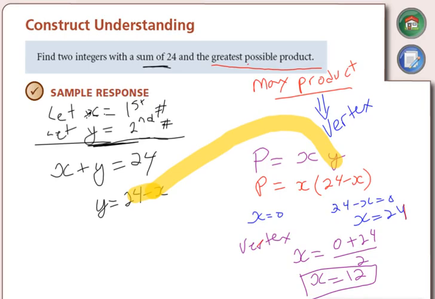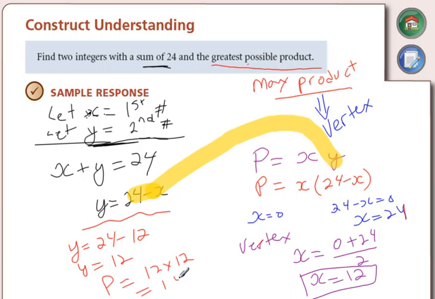So we know the one number. Let's figure out what the other number is. Going back into the other equation, y is equal to 24 minus the 12 that we just found for x. Y is also equal to 12. And what's the maximum product? Product is equal to the 12 times the 12, which gives us 144.